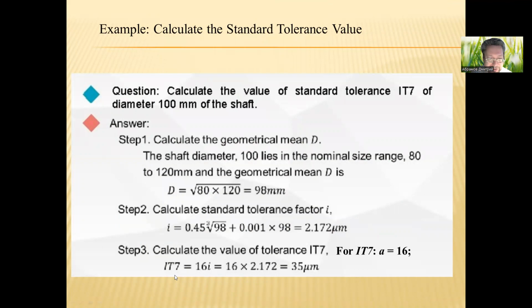So IT grade 7 equals 16 multiplied by I, and we have 16 multiplied by 2.172, and we have 35 micrometers. This is the value of standard tolerance IT7 for a diameter of 100 millimeters of the shaft.